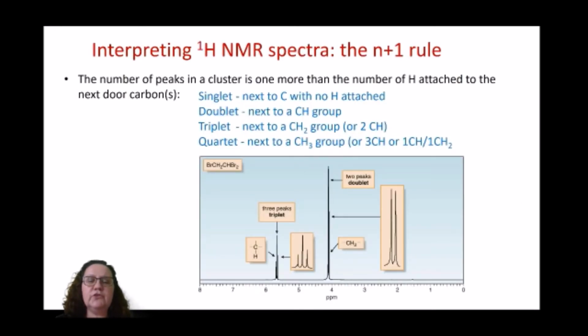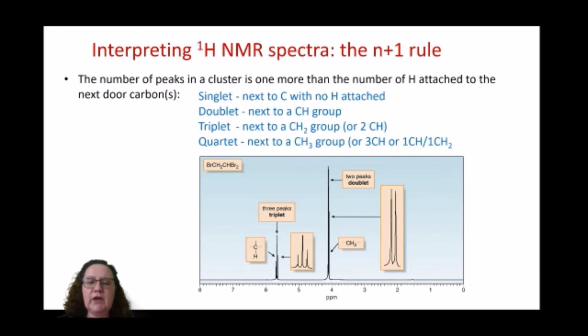So what do those clusters tell us about the structure of our compound? Well, the number of peaks in a cluster tells us how many hydrogens are in the adjacent carbons, so not in the carbon to which that hydrogen is attached, but the adjacent ones.